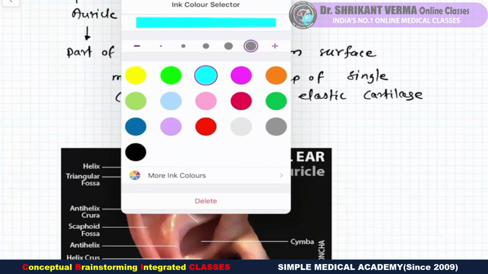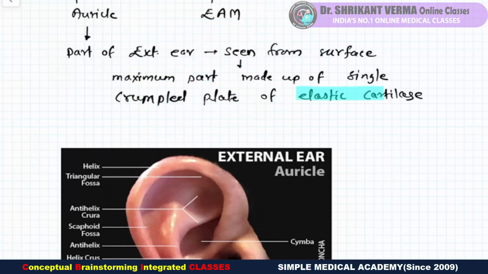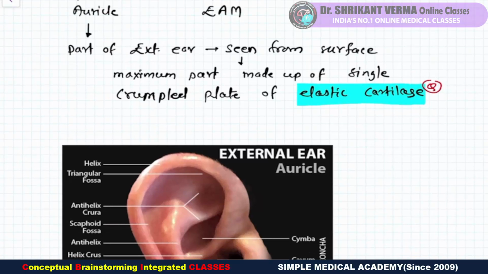Forget this thing. What you have to remember is that it is made up of elastic cartilage. MCQ. Important. What is it doing? It is supporting the spectacles. Okay. So you can remember that it helps us in wearing spectacles.